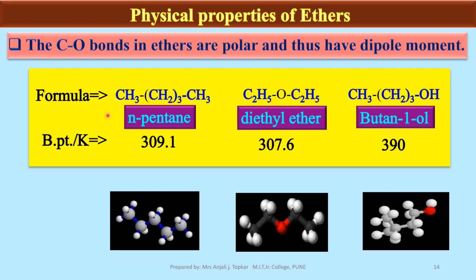Here this is n-pentane or normal pentane. This is diethyl ether and this is butan-1-ol. We can compare the boiling point of each of these compounds.